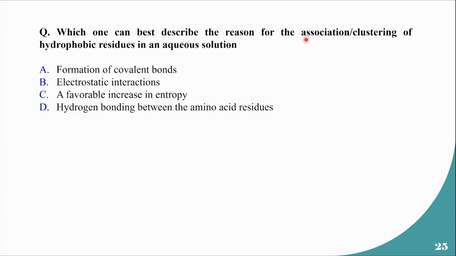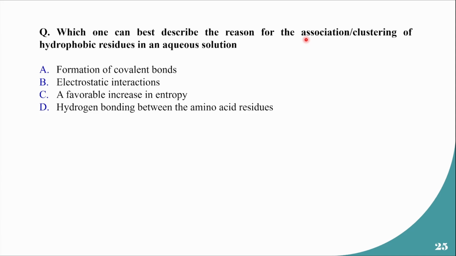Okay. Now here we have one question. Which one of these can best describe the reason for the association or clustering of hydrophobic residues in aqueous solution? In aqueous solution, if you put a stretch of amino acids, they will form a cluster together, right? They will come together and form some higher order structures, the tertiary structures. So which of the following forces contributes to it the most?